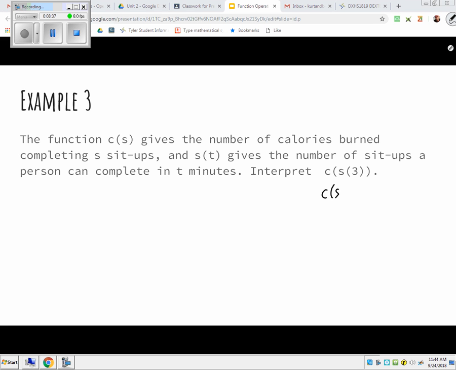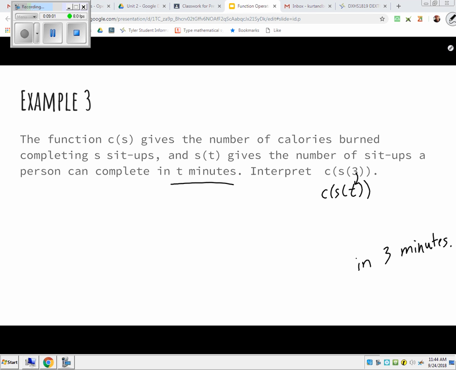Realize before I plugged in that 3, I had c of s of t. So my 3 got plugged in for my t, where t is the number of minutes. So somehow my explanation needs to talk about something happening in 3 minutes.